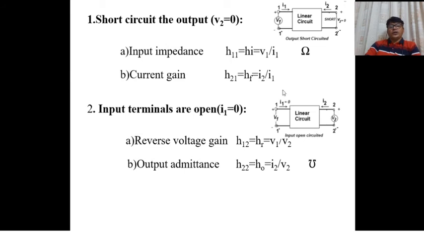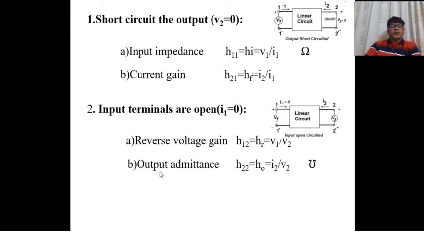Now in order to determine the other two parameters, the second case is input terminals are open, means I1 is equal to 0. So input current is 0. If you make I1 equal to 0, again by using equations 1 and 2 you can calculate H12. H12 is equal to Hr. Hr is nothing but reverse voltage gain. So reverse voltage gain is nothing but input voltage by output voltage, and therefore this is also a ratio, it has no unit.